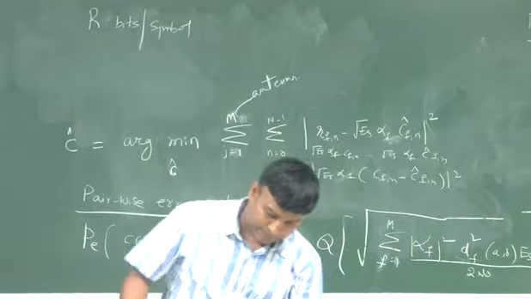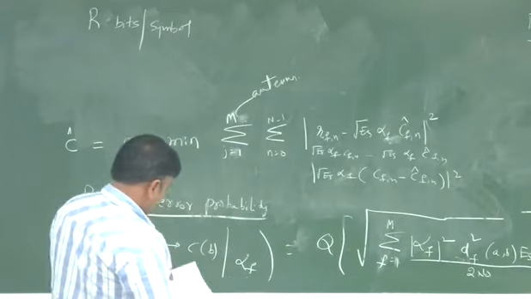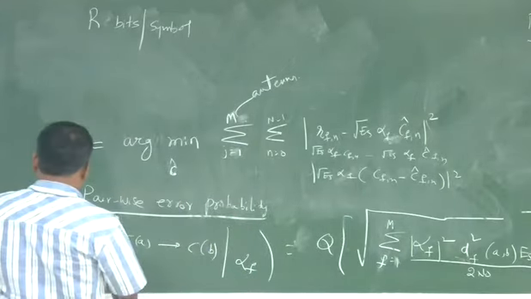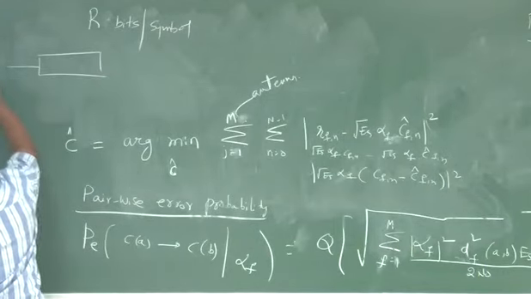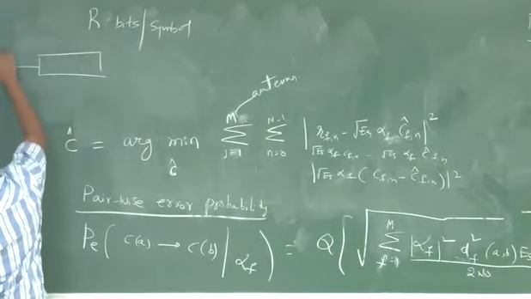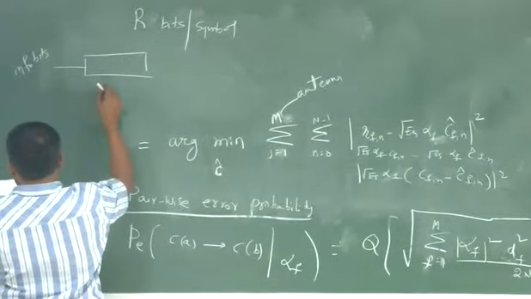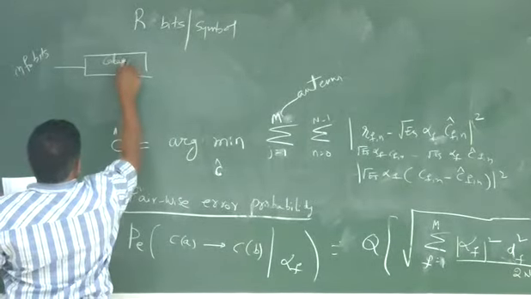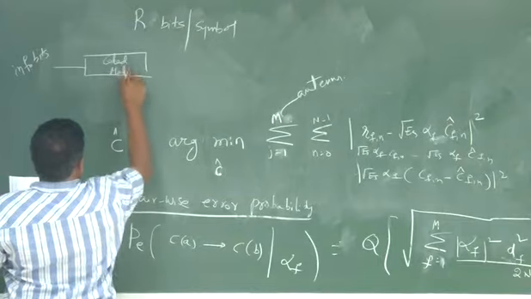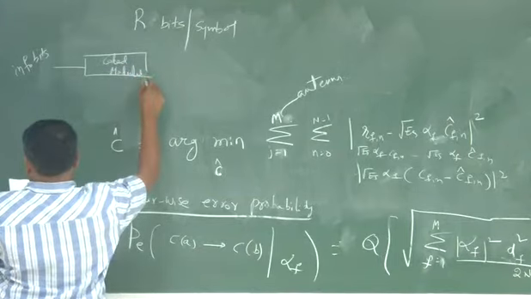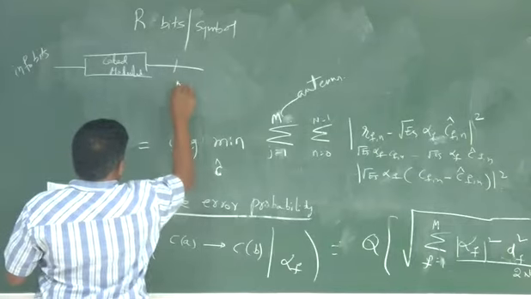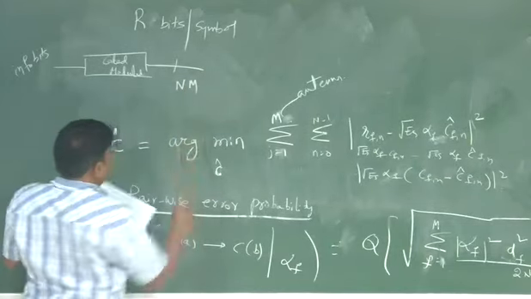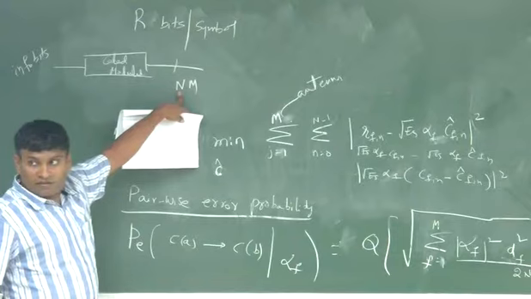I'll write the diagram. So I have n into m coded symbols.